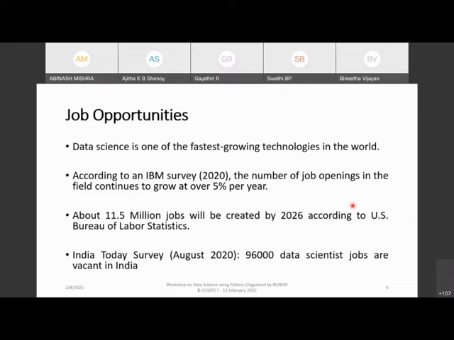Therefore, all the educational institutions nowadays started the course of BTech data science and MTech data science and all those things because the demand is there. So if you are good in data science and if you are a good data scientist, definitely you are going to get a very good job, and the pay is very huge for data scientists.